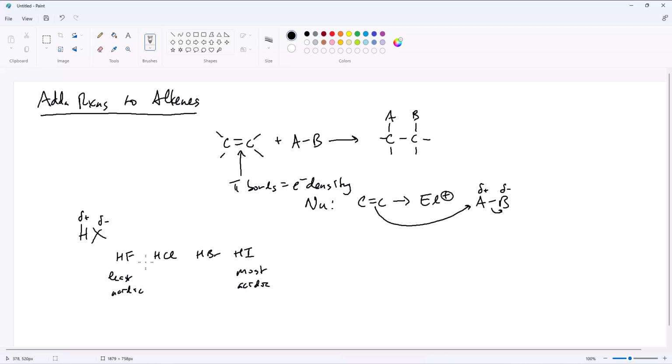In terms of reactivity, HF is much less reactive than HCl, which is less reactive than HBr, which is much less reactive than HI in these addition reactions.